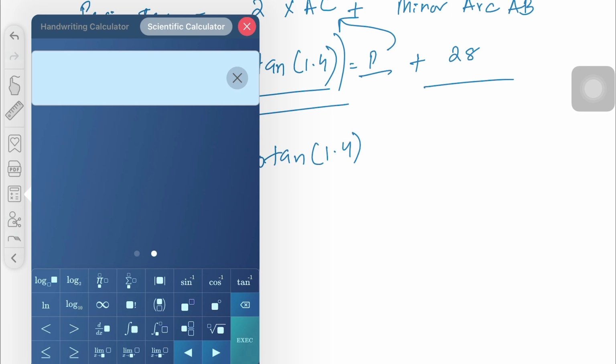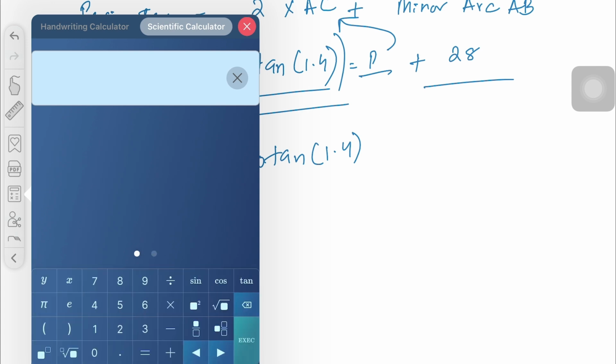Do we have something like radians over here? No, we don't have something like radians over here, I guess. No. It's giving the answer in degrees.